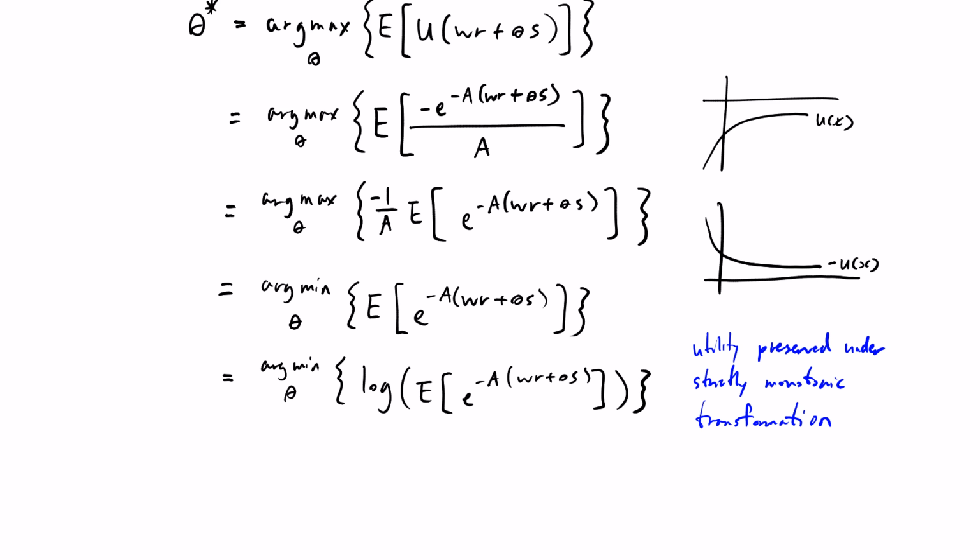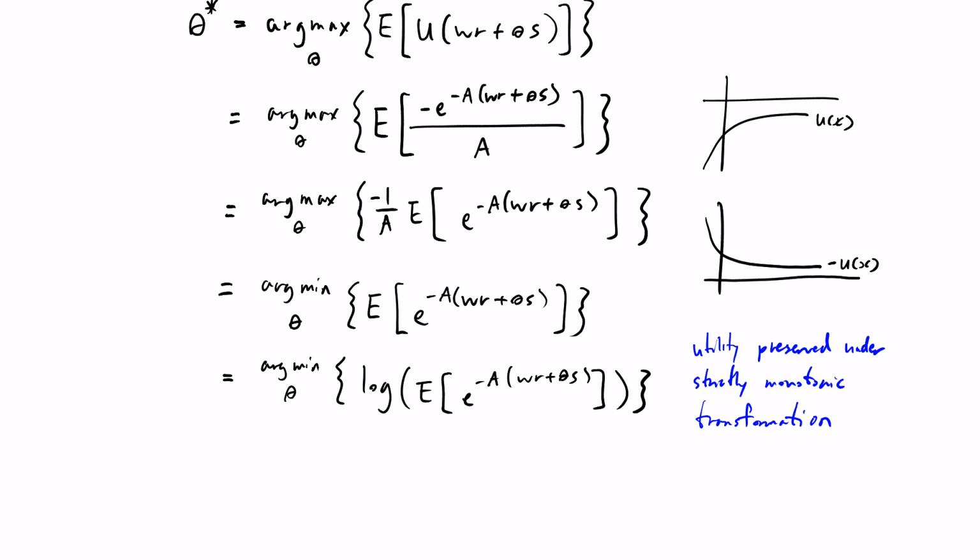But once we take the log, if you take a look at what we have right now, the only thing that's random in this whole equation is S. The risky asset has a random return that's normally distributed. S is normally distributed, which means theta S is normally distributed, which means WR plus theta S is normally distributed, right? We're just adding and multiplying constant terms.